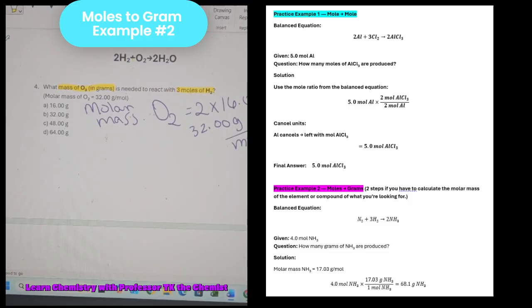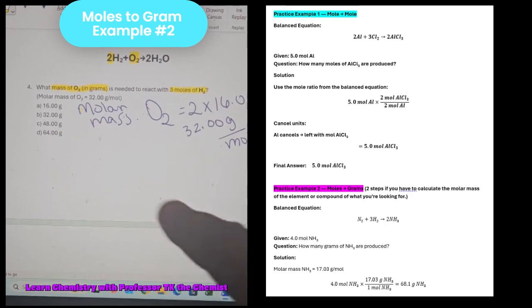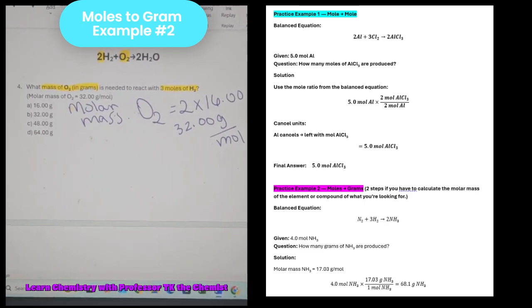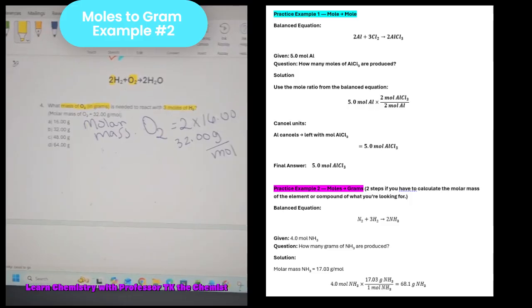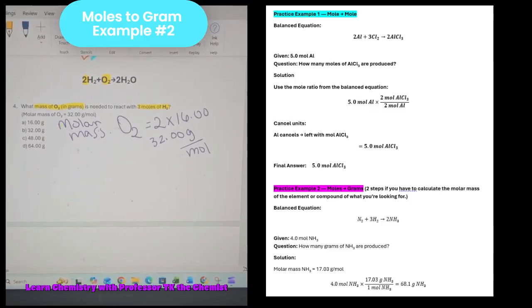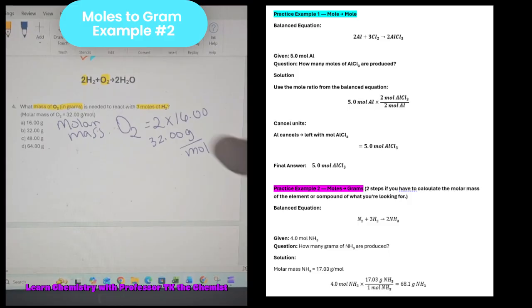Let's go back up to our equation here and only highlight and focus on what they give you. Now, again, I gave you the molar mass, but in case you did not know how to do it, if they didn't give it to you, you would have to find it. Now, what am I going to do next? I'm going to take the 3 moles, take the starting number right here.